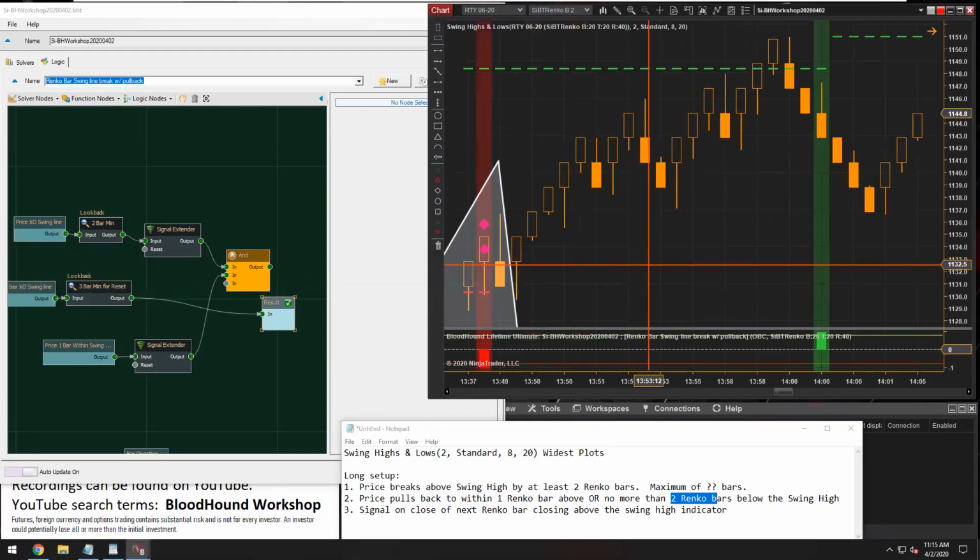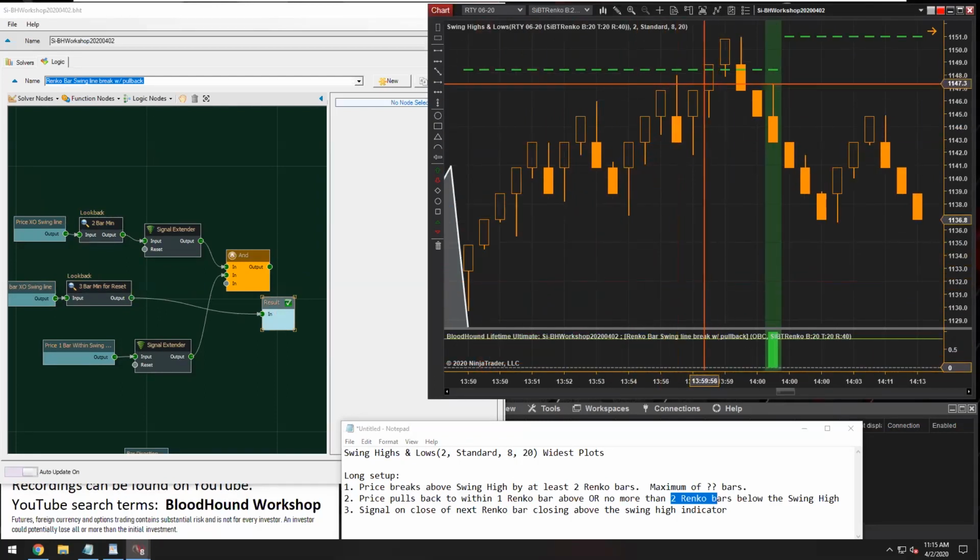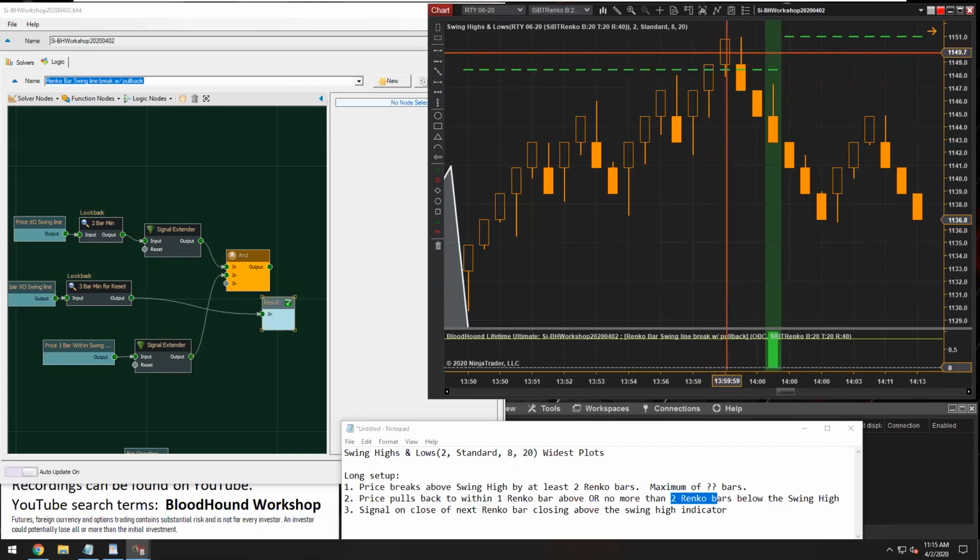And let's take a scroll back. Yeah, I mean, this was not a proper... Actually, let's see. Yeah, actually, this could have been a proper setup. So we had 1 bar, then we had the crossover of the swing high, and then we had a pullback, 2 pullbacks.